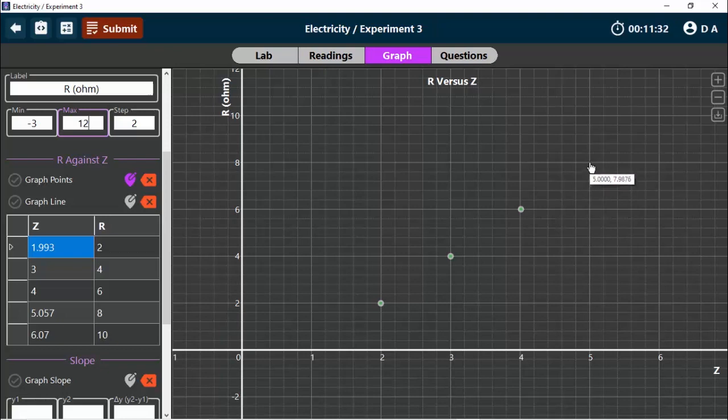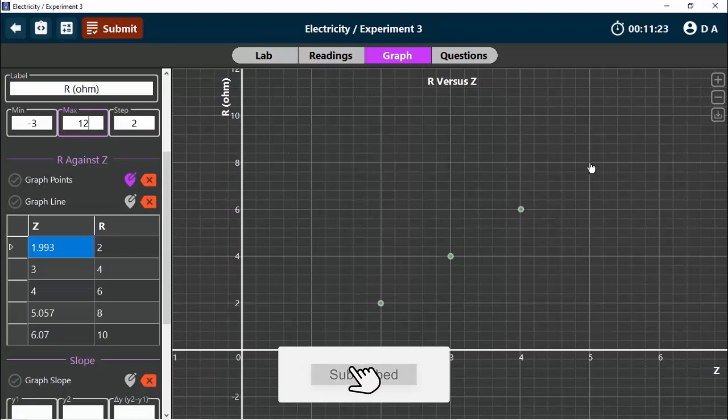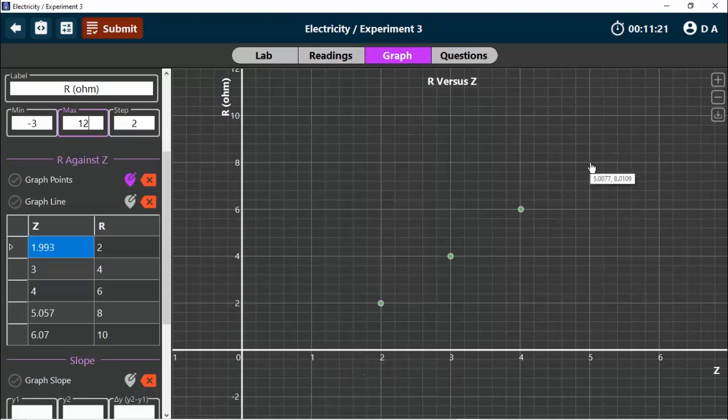So you stop, r is 8, which is roughly this. When z is 6.07, r is 10, which is roughly this. So we've got our points.